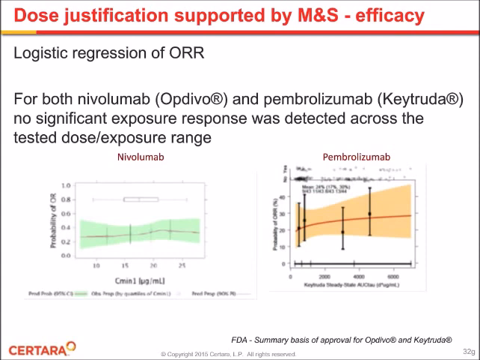Logistic regression was performed of the objective response data. And for both compounds in the dose range tested, so the exposure range explored, no significant exposure response was detected based on the analysis of ORR versus exposure.